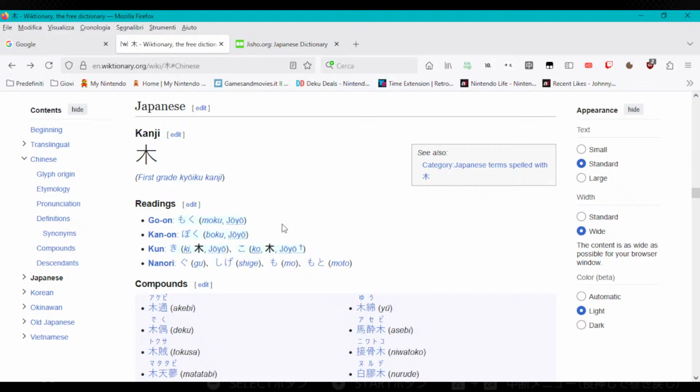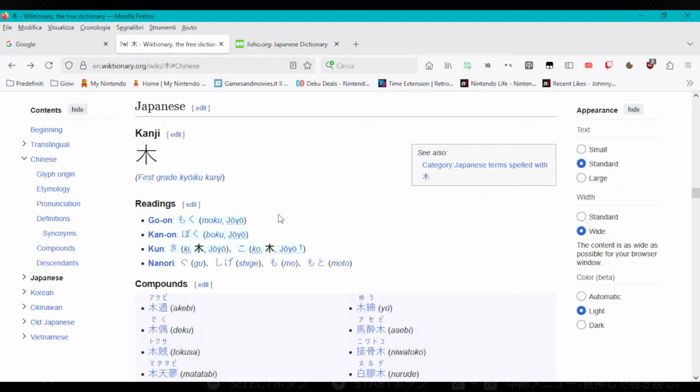Gon is the older one. Kanon is slightly more recent. And then we have Kun. Also, you will hear it as Kunyomi more often. And these are the strictly Japanese readings.